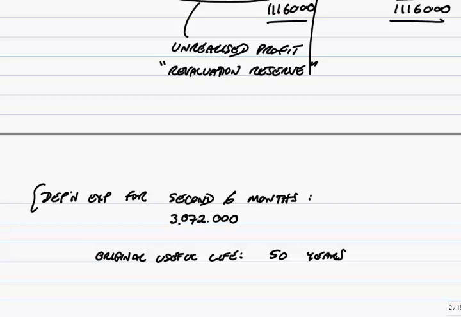How many years have we owned the building? Well, it doesn't tell us when we bought it, but we do know that we've been charging depreciation of 2% each year, and we do know how much depreciation we'd already charged based on the original cost.